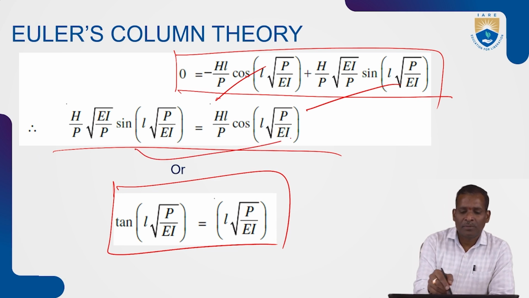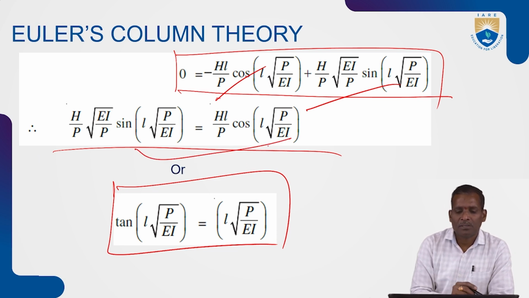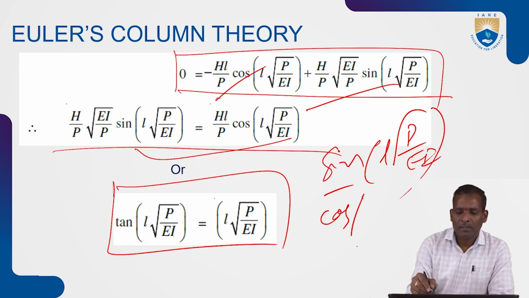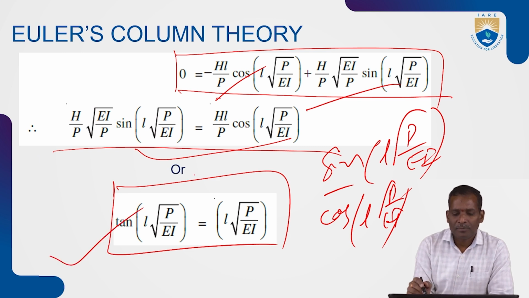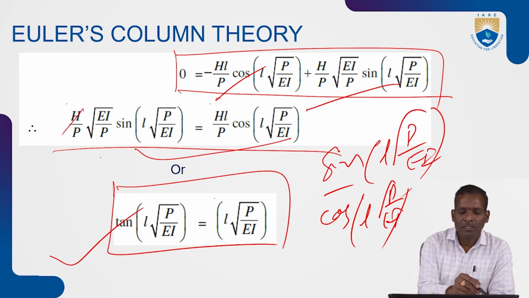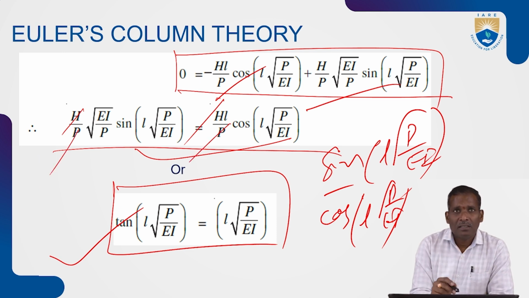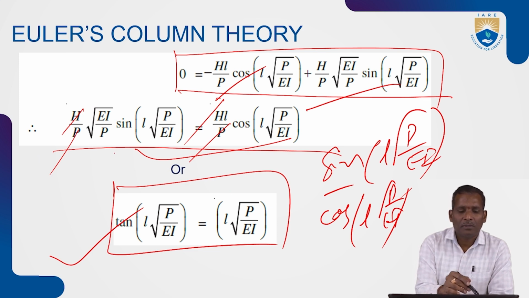So you can write this equation like this: sin by cos, sin L square root of P by EI divided by cos L square root of P by EI, that is tan L square root of P by EI, is equal to, h and h get cancelled here, P and P also get cancelled, L into square root of P by EI.